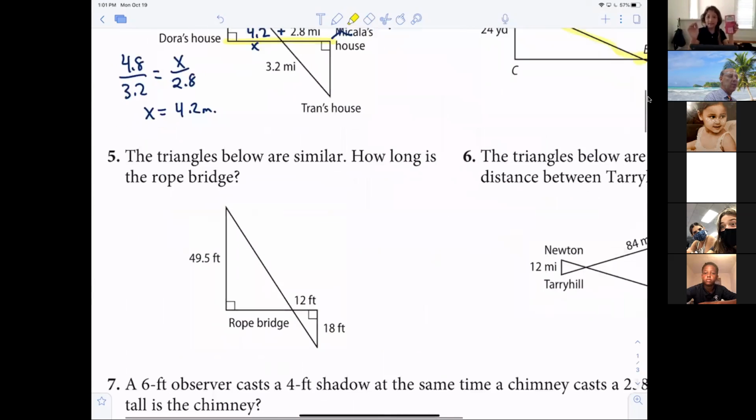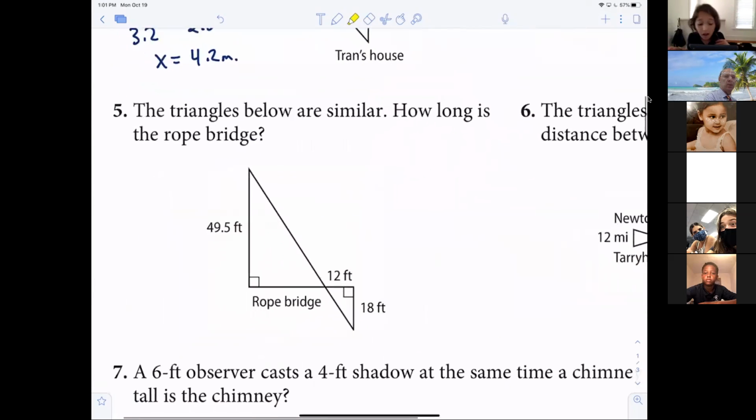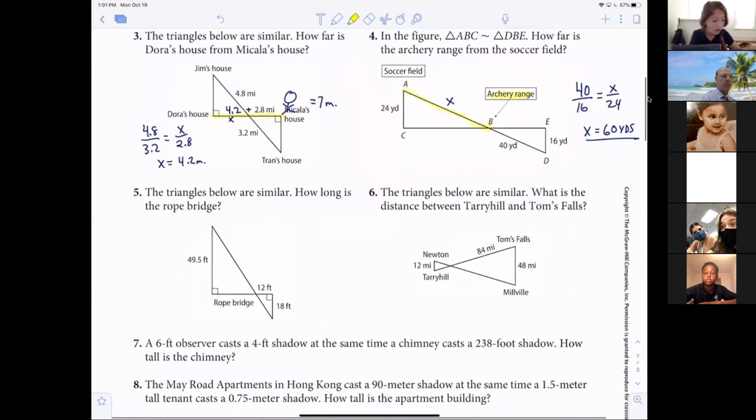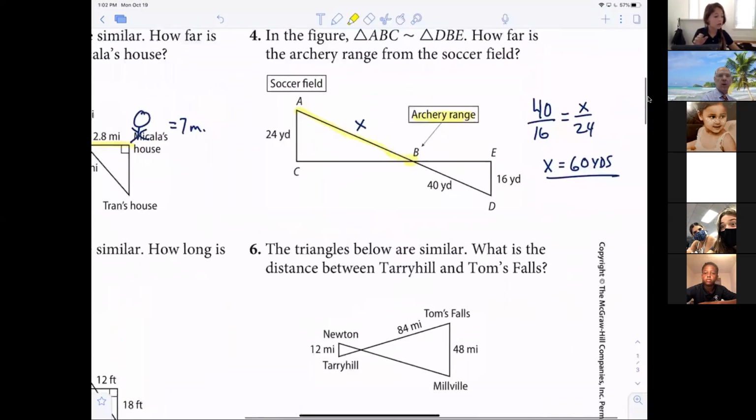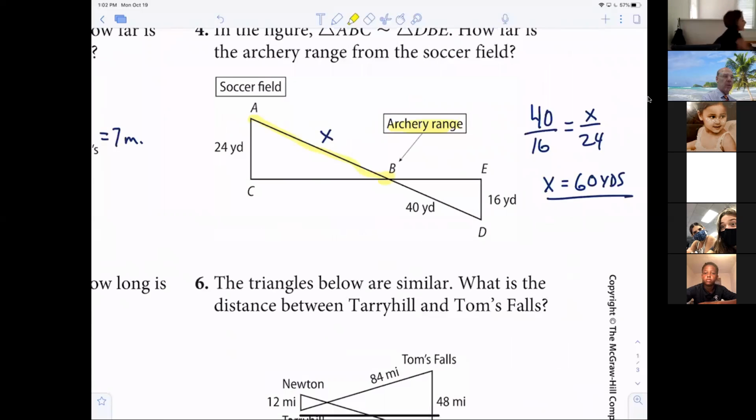Be real careful. I'm confused how you set that up. Number 4. All right, so do you agree we're going from A to B? Do you understand that, Evan? Yes.